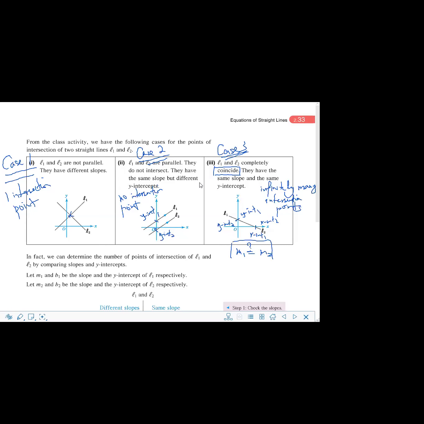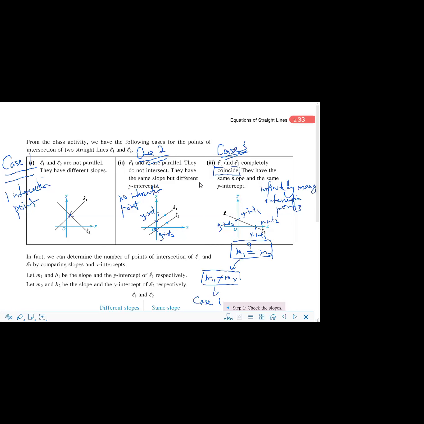If no, M1 is not equal to M2, then it is case 1. If they have different slopes, then that will be case 1, because any two lines having two different slopes must intersect each other at one point only.